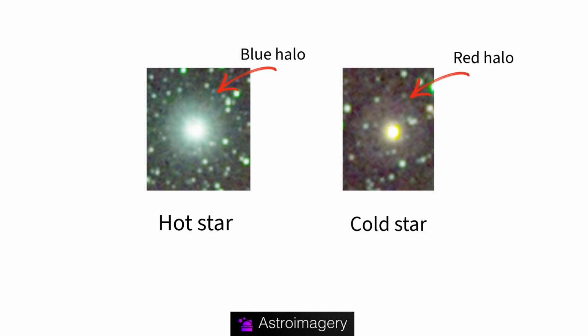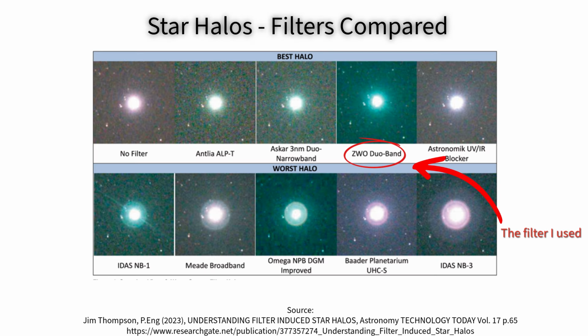Really hot blue stars and very cool red stars often create more obvious halos. Some fancy high-end filters have better anti-reflective properties that help reduce this. Almost every multi-band pass filter is going to show some halos on the brightest stars. It's pretty much an unavoidable part of the tech that lets us shoot from our light polluted backyards.